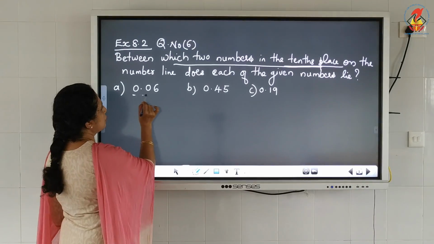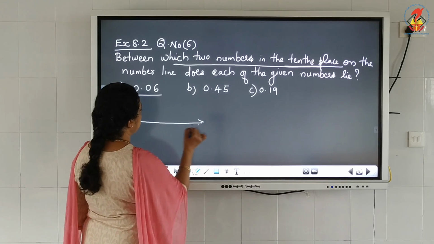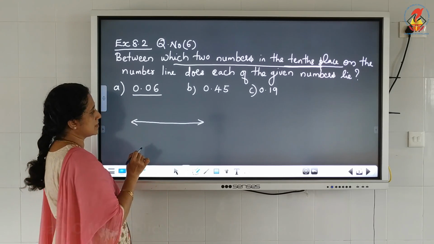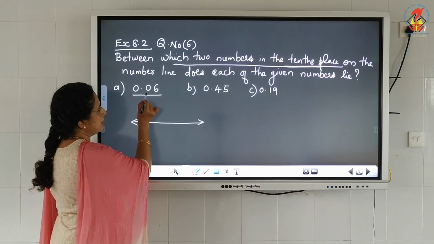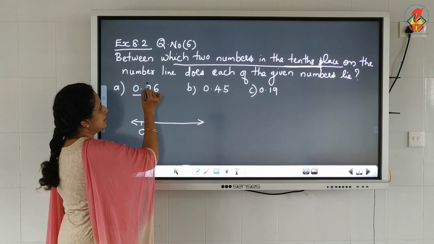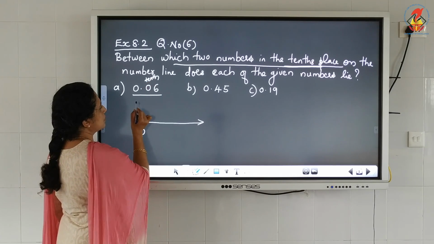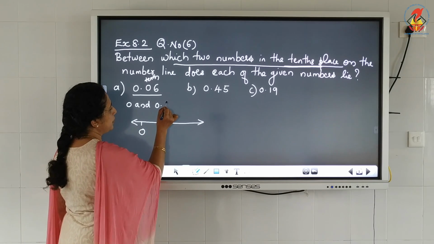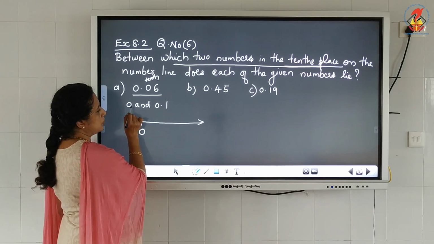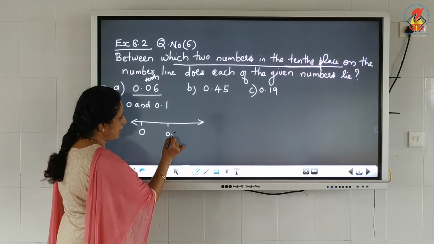Now the first one is 0.06. Suppose you draw the number line. 0.06 means we have a 0. Now look at the digit in the 10th place, it is a 0. So we can say that 0.06 lies between 0 and 0.1.